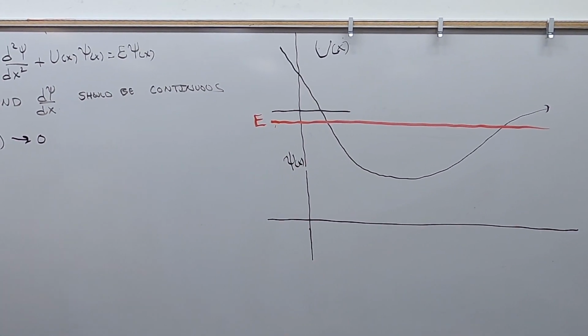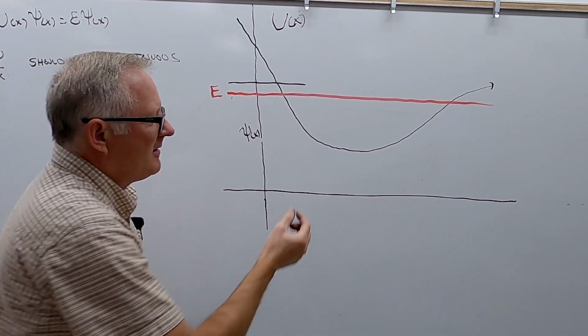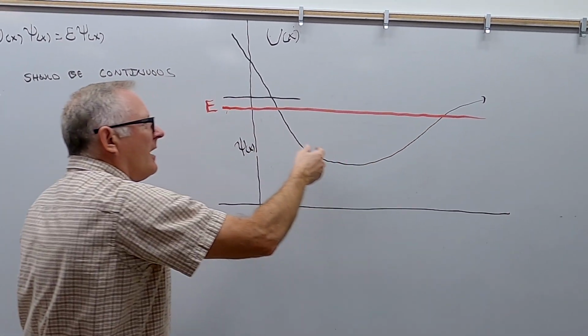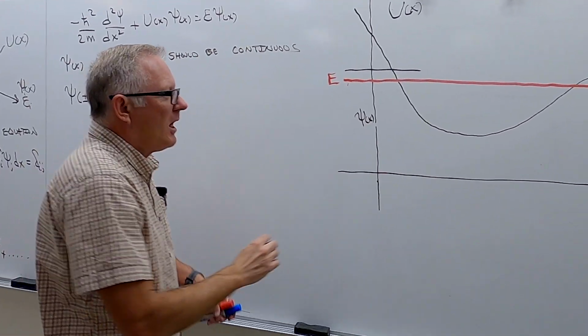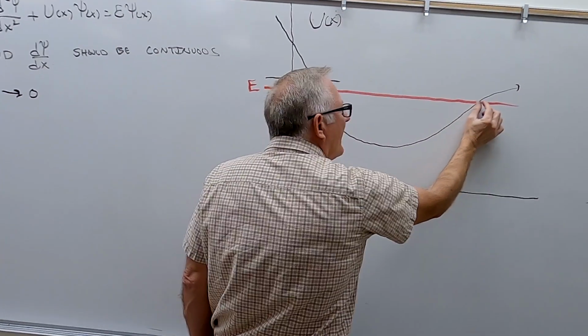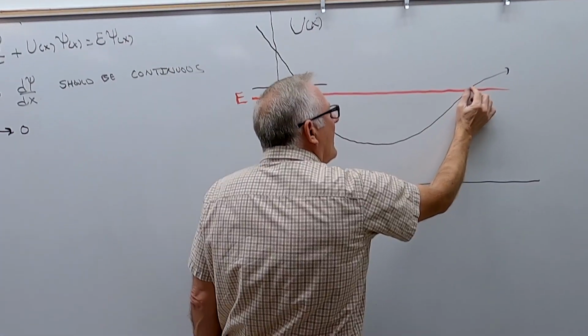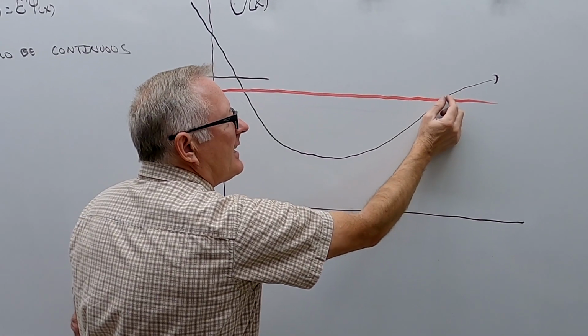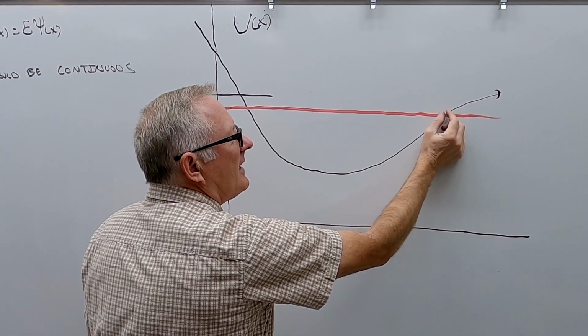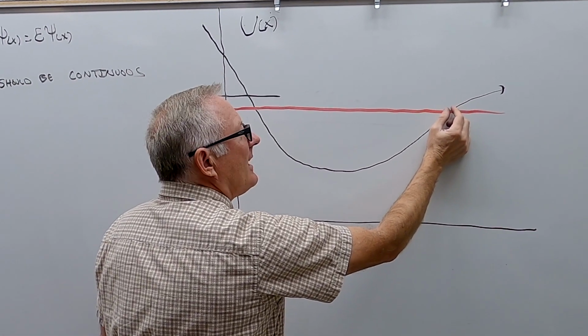Now you'll notice that if this were a block in a bowl shape, just like we had with that potential energy, and I put the block right there and let him go, that was his total energy, E. We let him go, what would he do?